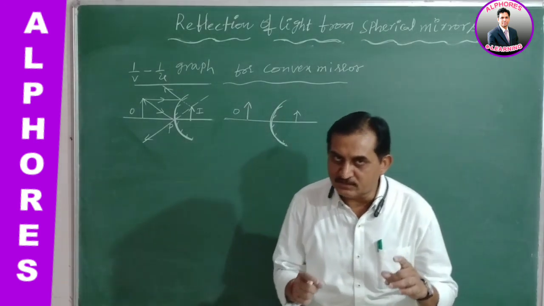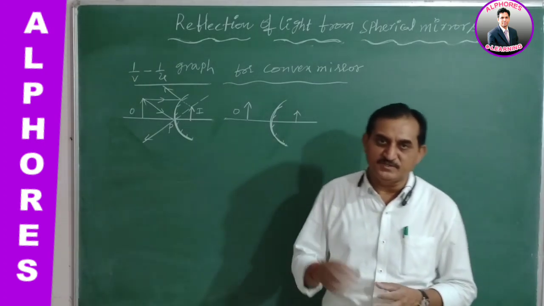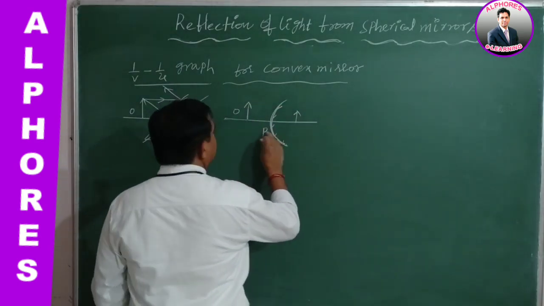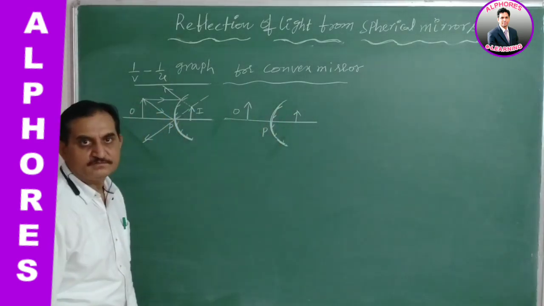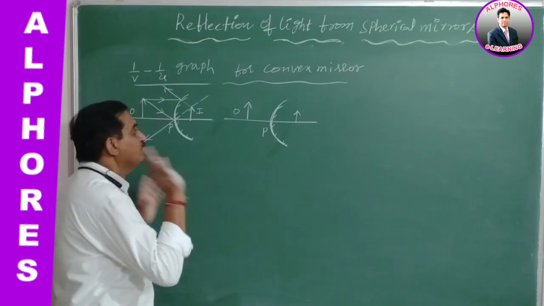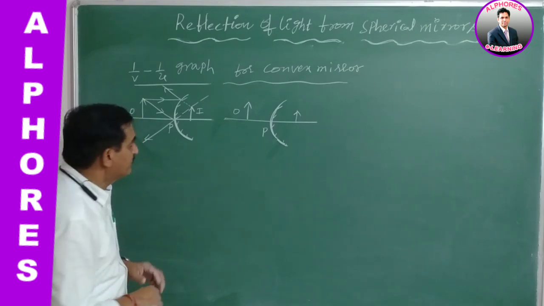So whenever there is a real object, whatever may be the position of the object from infinity to the pole of the convex mirror, its corresponding image will be virtual, and limited to the region between the focus and the pole. Already this was discussed in the previous video, right?